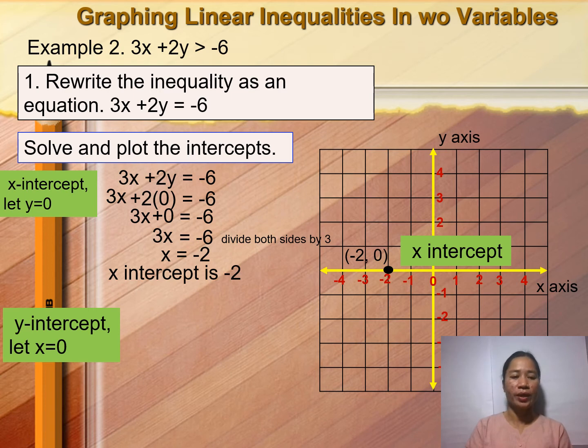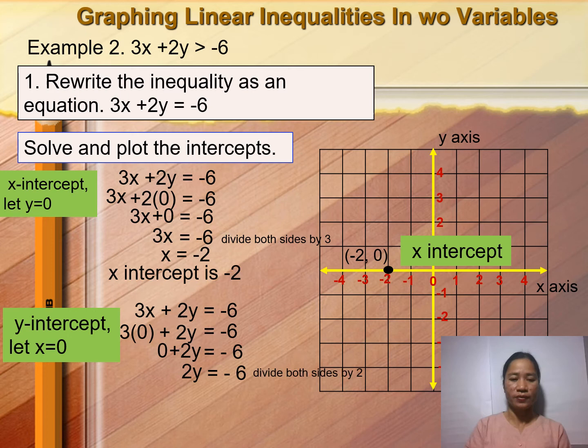Next, solve for the y-intercept. Let x be equal to 0. Copy the given equation. I should say 3x plus 2y is equal to negative 6. Replace x by 0. We have now 3 times 0 plus 2y is equal to negative 6, so 0 plus 2y equals negative 6, which becomes 2y equals negative 6.